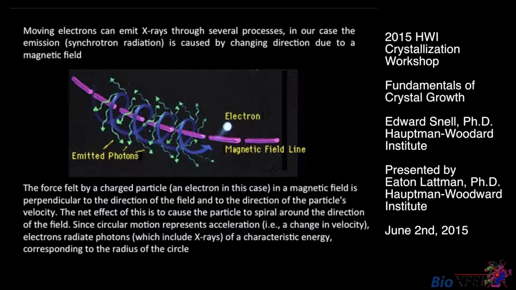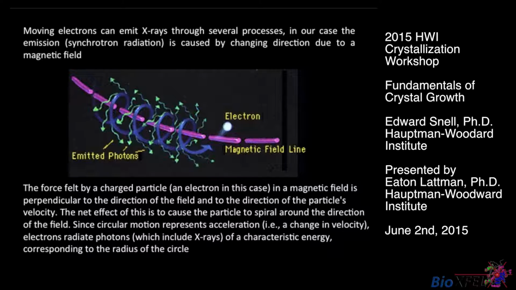So this is our first illustration of kind of organized electron motion to produce radiation. This is a magnetic field line. Electrons moving in this direction interact with magnetic fields to form a spiral. This is the kind of thing you see in electron lenses and electron microscopes.